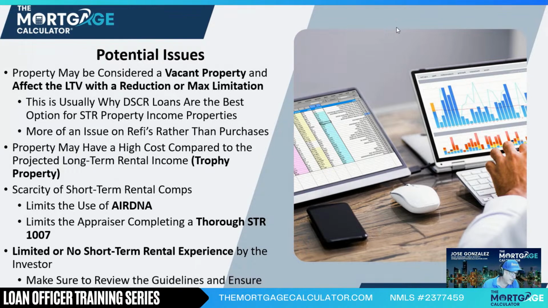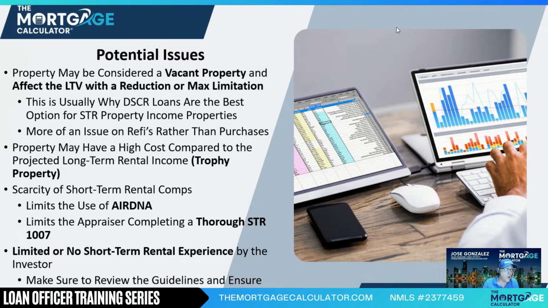With a regular DSCR, you may be stuck unless you do obviously a low or no ratio, another option that I'm going to talk about. But the DSCR options that we have allow the use of short-term rental income to overcome that issue. So you can get those trophy properties, especially if you have AirDNA comps nearby.